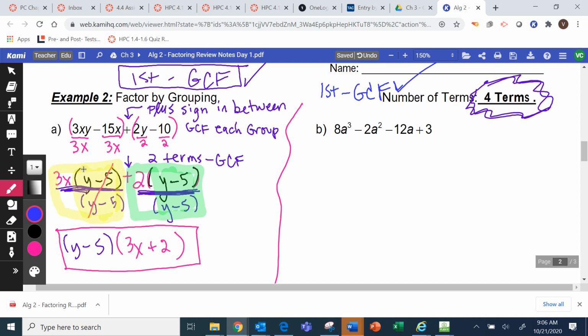I'm going to do factor by grouping, but I don't have a plus sign in the middle. So what I'm going to do is rewrite this. So I'm going to have 8a to the third minus 2a squared.